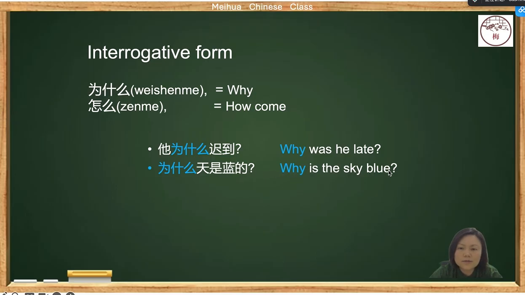Why is the sky blue? Here, 天是蓝的 is the order in a declarative sentence. Even though it's part of an interrogative sentence here, still we don't change the order, right?